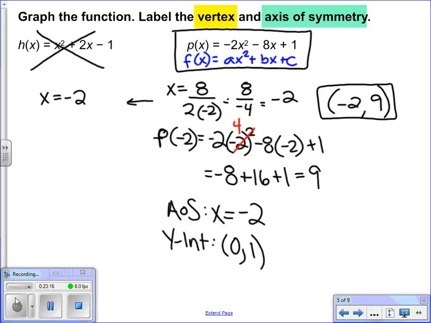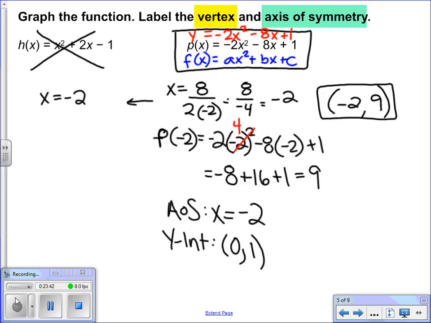Okay. So this function up here, remember, if you don't like function notation, p of x is just a fancy way to write y. So this is really y equals negative 2x squared minus 8x plus 1. Are you okay with that? Okay.